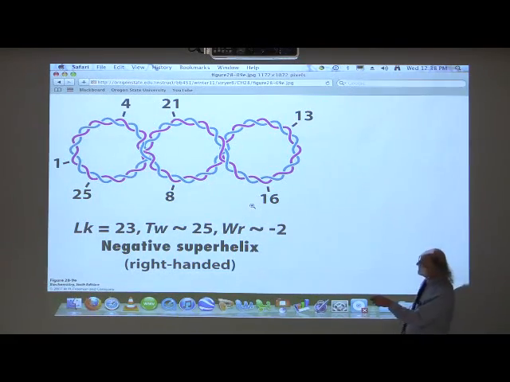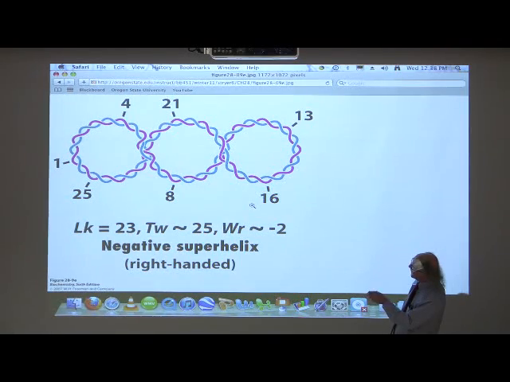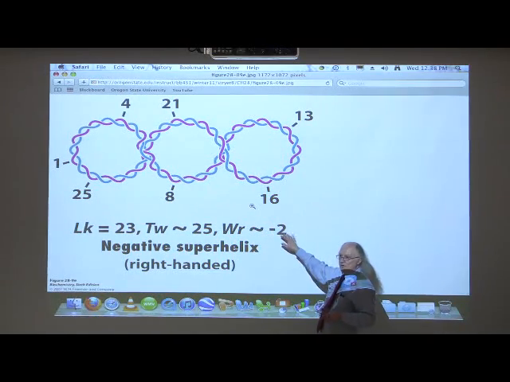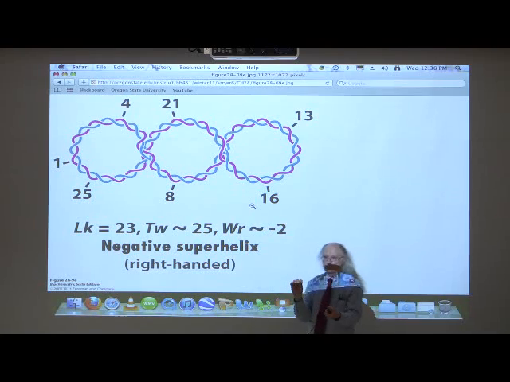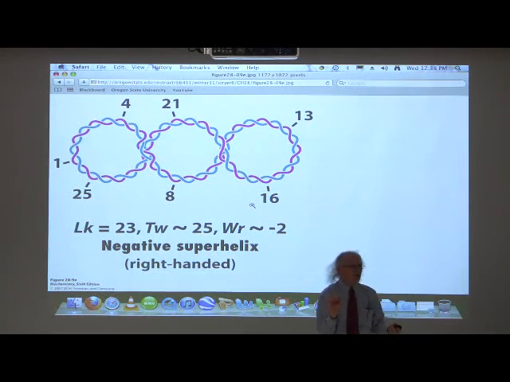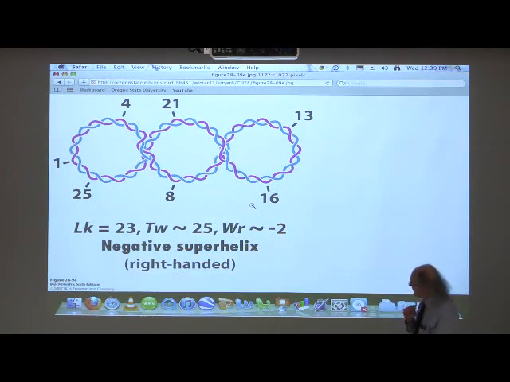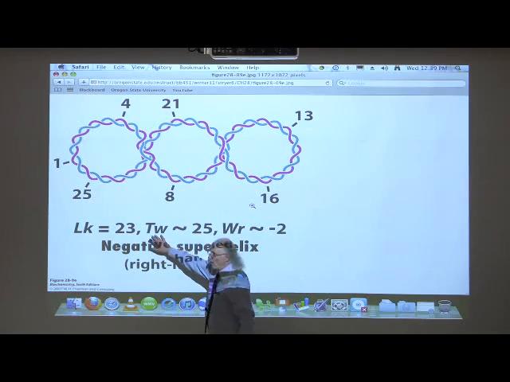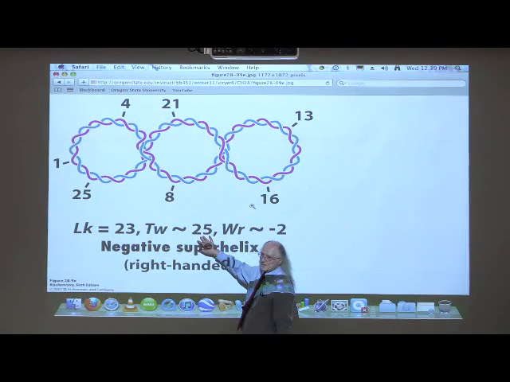And now it's put 2 crosses of double strands over double strands. In this case, the writhe is -2. If it twisted the other way, it would be +2. How do I know which one it's going to be? You know based on the equation we have. The linking number we're not going to change. The cell wants to get the proper number of twists so that it has the right number of base pairs per turn.